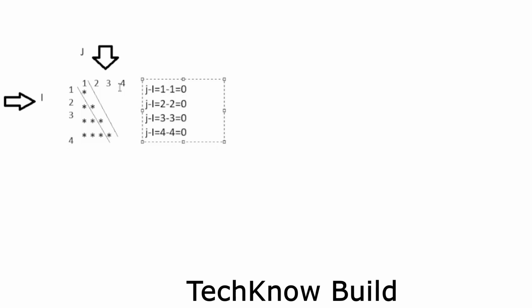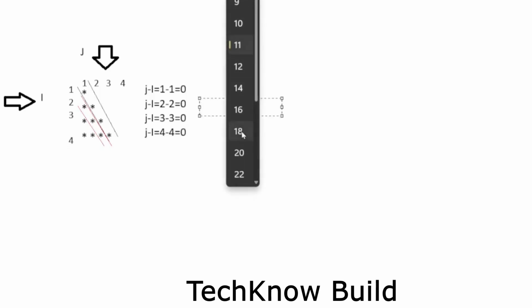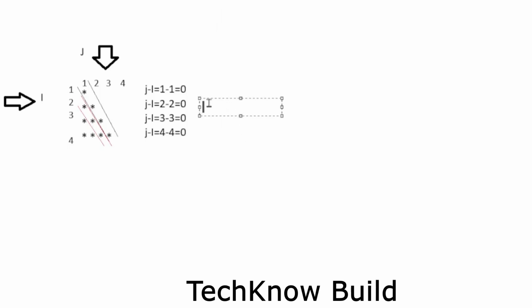After the outer line, we will check the line of stars behind that line, means the line under the outer line, diagonally second. For that we will check what j minus i will be. For the first star, j is 1 and i is 2, that is 1 minus 2, which is equal to minus 1.